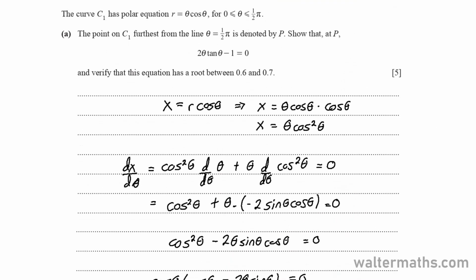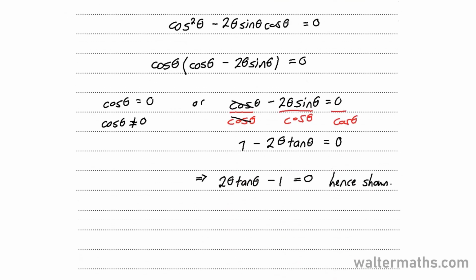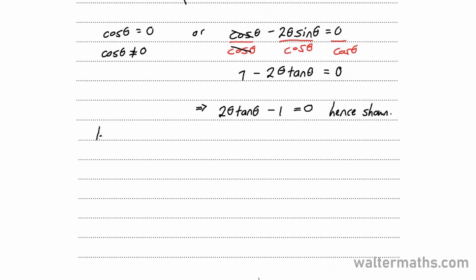Now the question also goes, verify that the equation has a root between 0.6 and 0.7. So what we do here, I'll say let f of theta be equal to 2 theta tan theta minus 1. Therefore, we can find f of 0.6 and f of 0.7. For f of 0.6, I'm substituting 0.6 for theta.